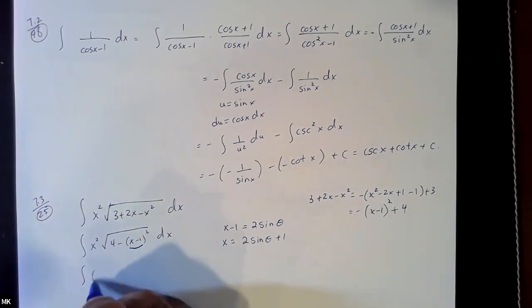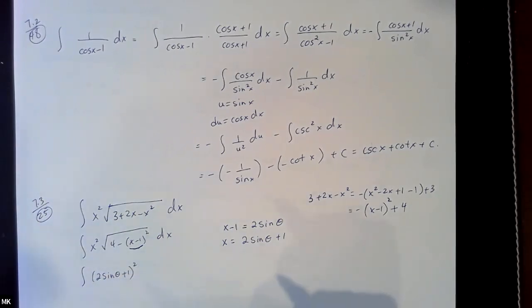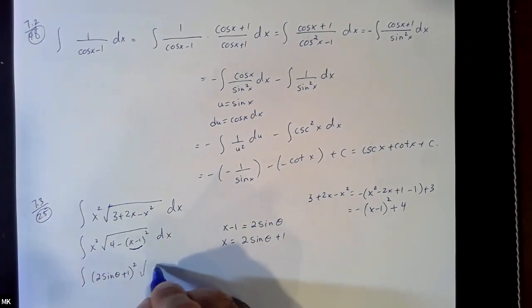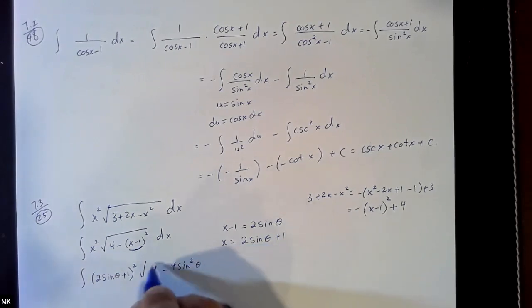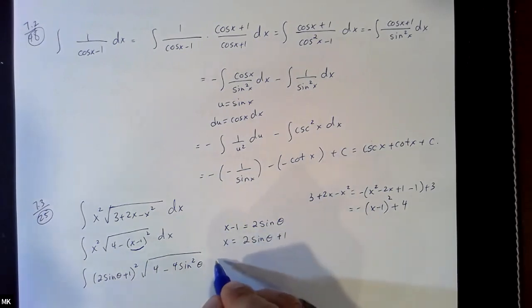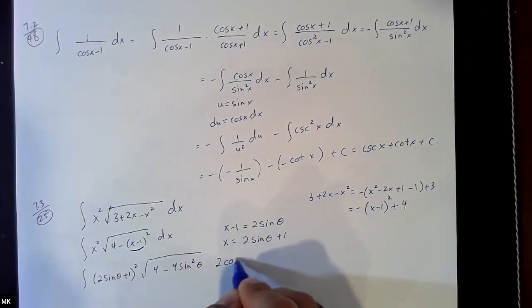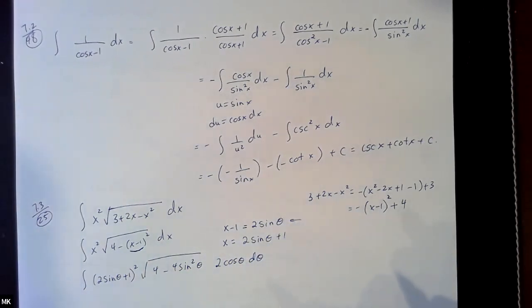So x squared becomes 2 sine theta plus 1 quantity squared. And underneath you have 4 minus 4 sine squared theta. And dx is 2 cosine theta d theta, if I just take the derivative of this.